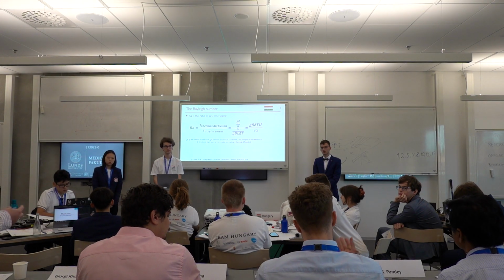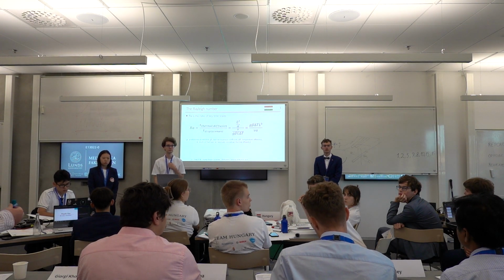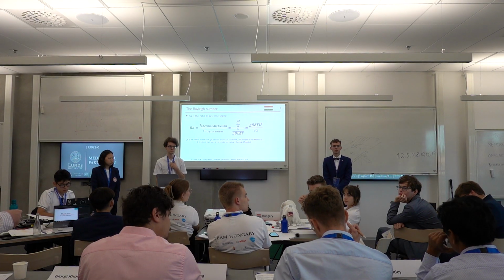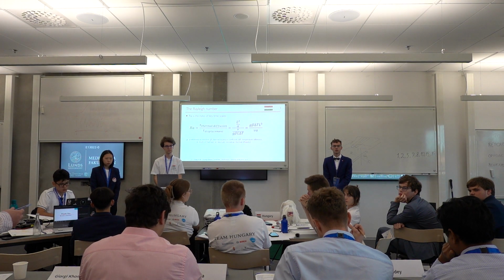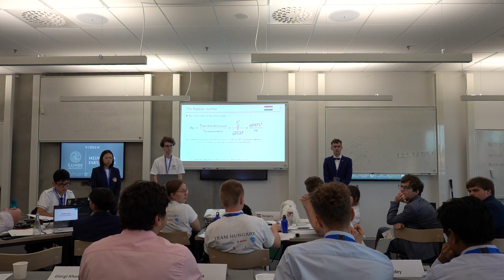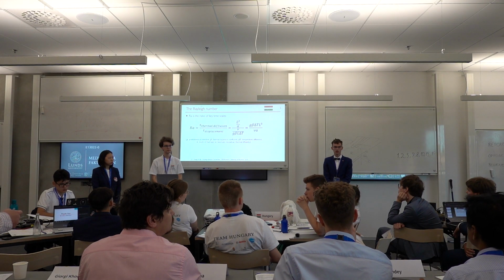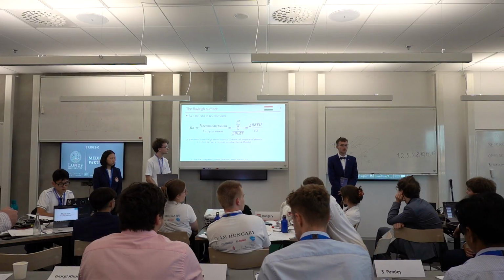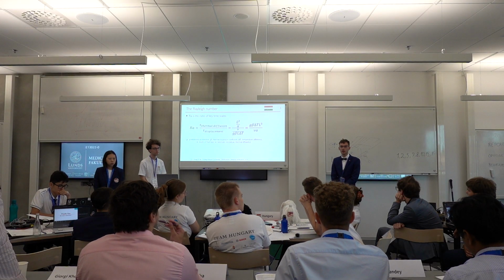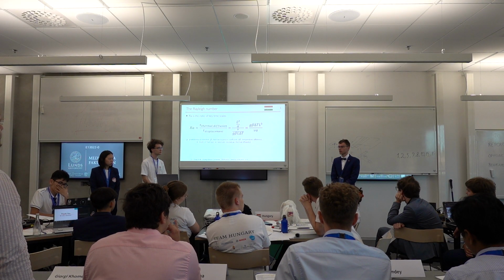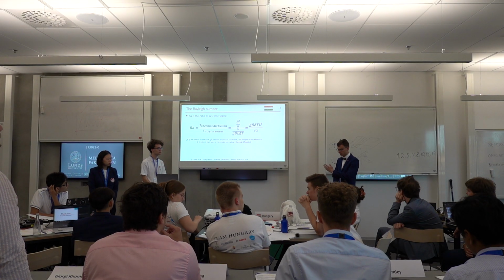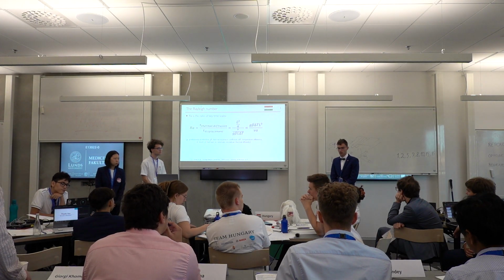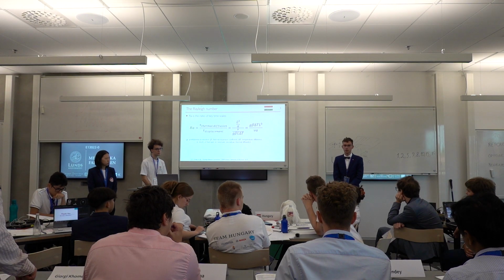Maybe I can ask the opponent, or correct me if I'm wrong, but I think you mentioned that cell size can be predicted from the Rayleigh number. Can you elaborate how? Yeah, because the Rayleigh convection is a well-studied phenomenon, and that's what he was talking about with the Rayleigh number and the critical Rayleigh number.